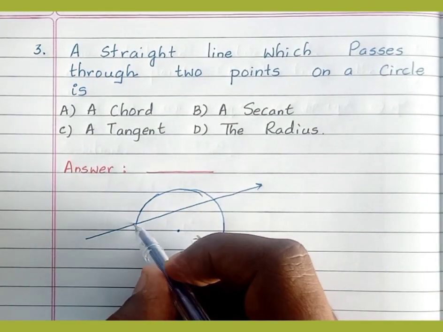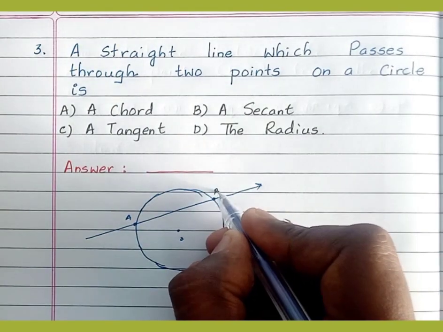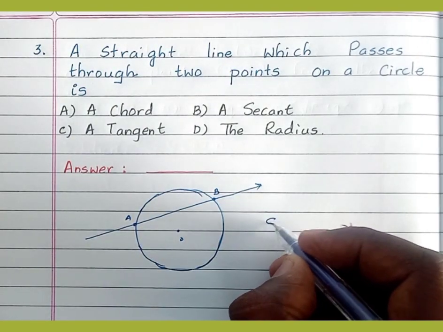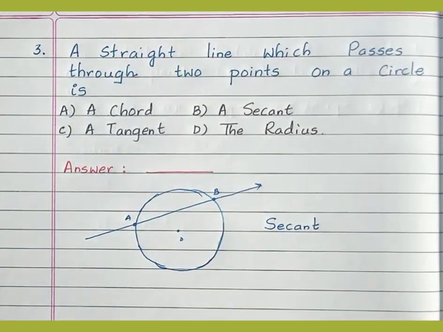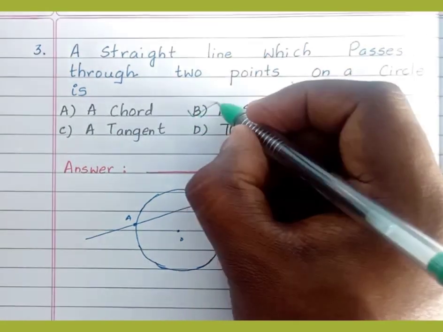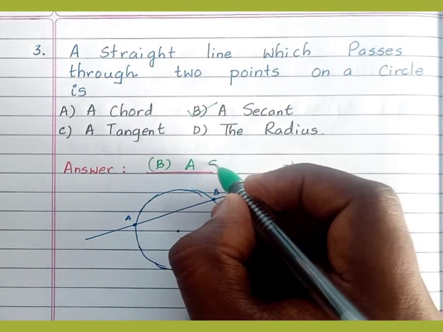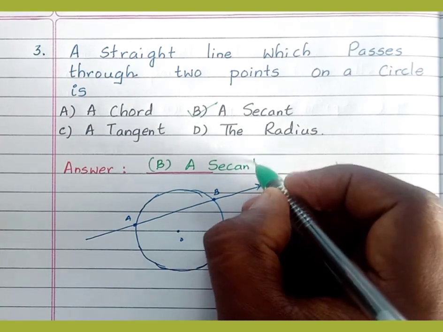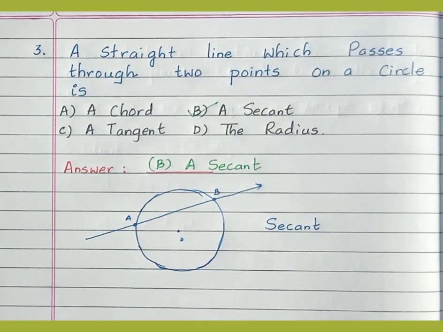A line which passes through the circle at 2 points is called what? Secant. Therefore, what is the correct option? The correct option is B, a secant. A line which passes through 2 points on a circle is a secant. That is option B, a secant.